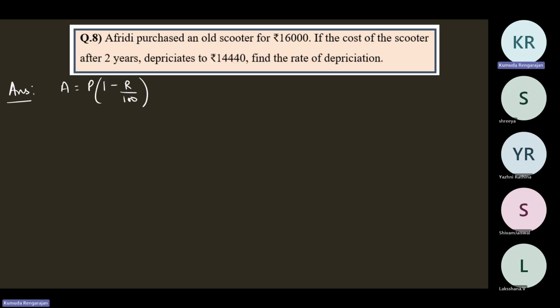While here the value of the scooter reduces year after year, the value will keep going down. So you need to find the rate of depreciation, which means you will have to modify the formula. A is equal to P into 1 minus R by 100 to the power N.